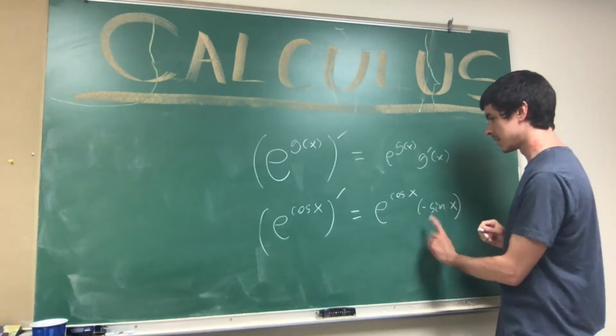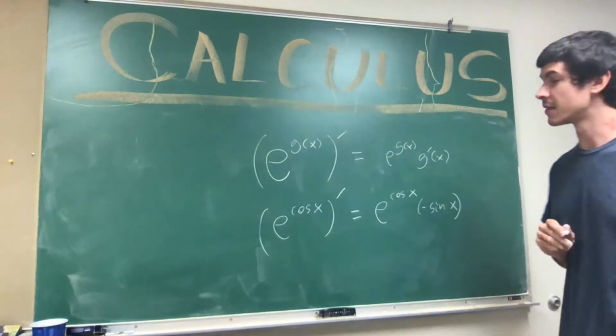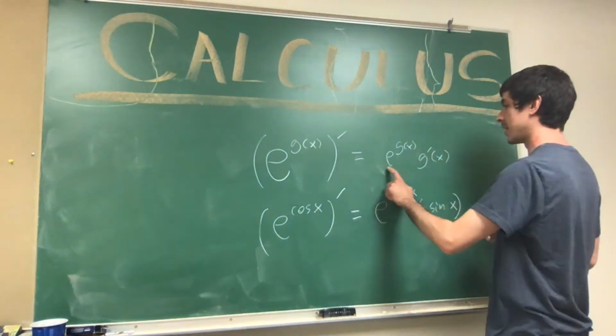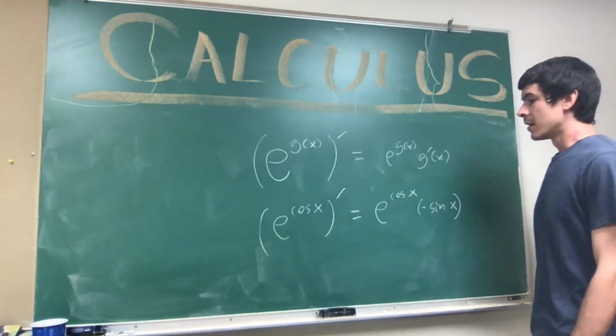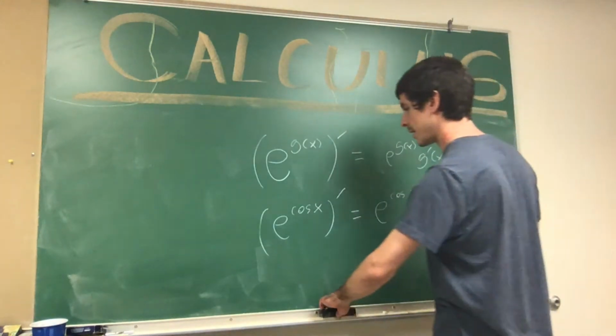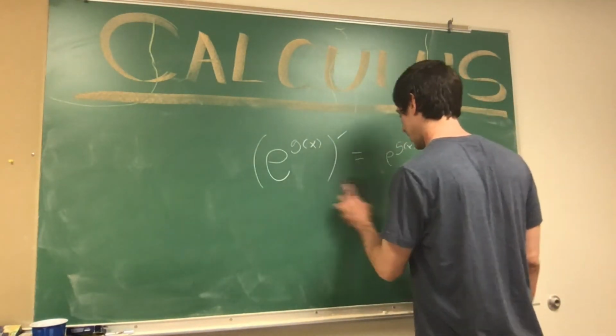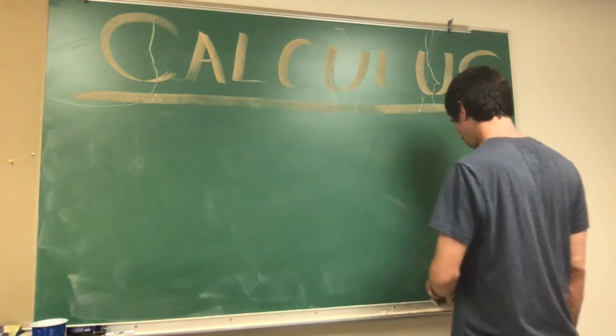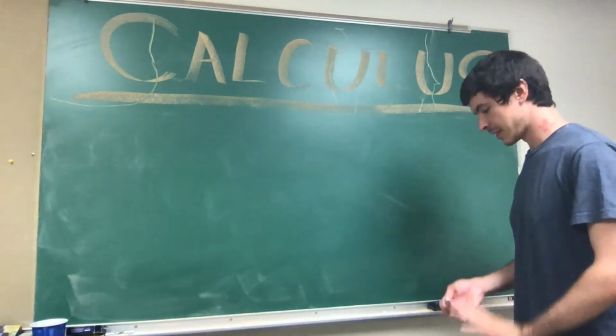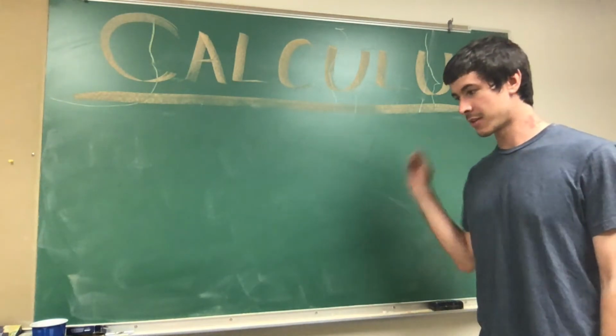So yes, this holds for any function that we put in the exponent for e to the x. So, okay, let's go on and do one more example before we move on to another theoretical fact.